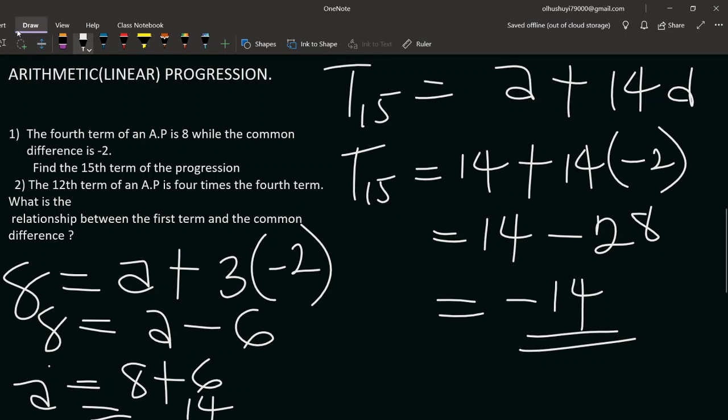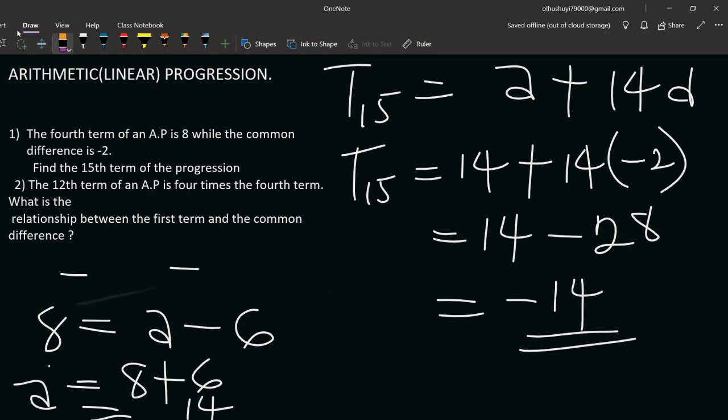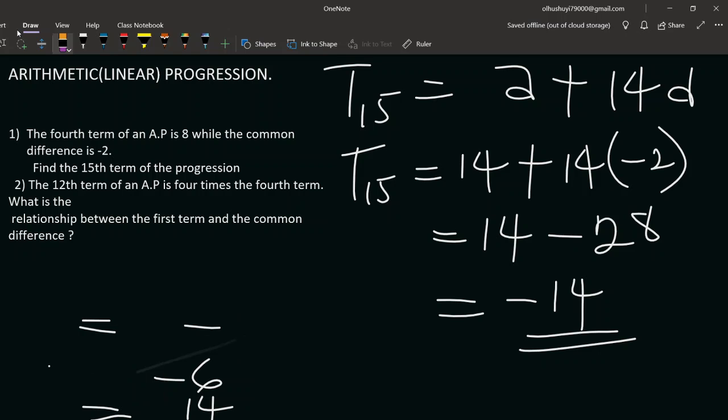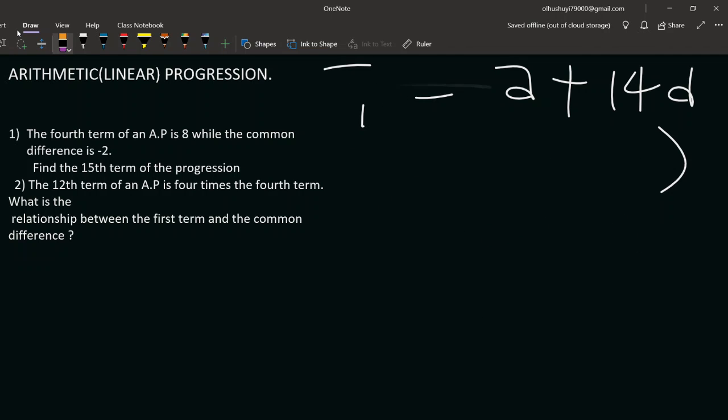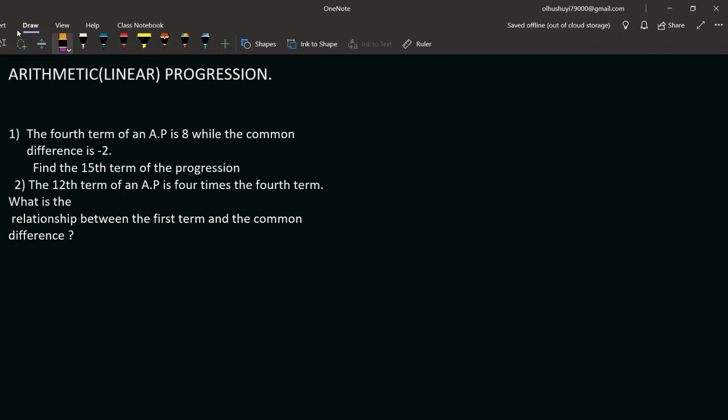Let's move to question 2 quickly. I'll call it a short one. You also say the 12th term of an AP, T12, is 4 times the 4th term.